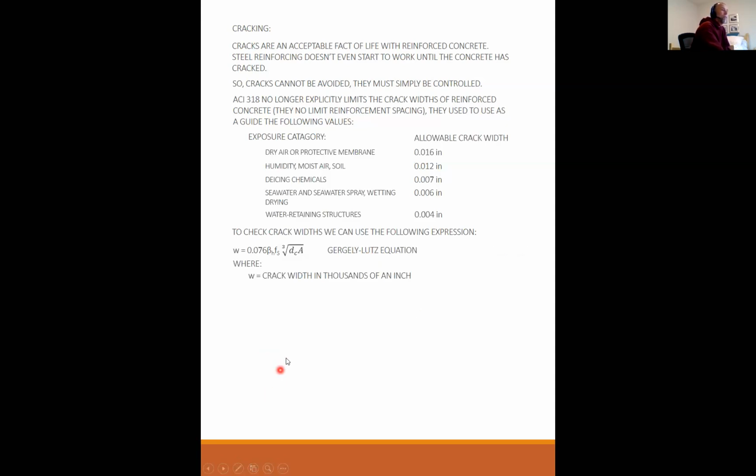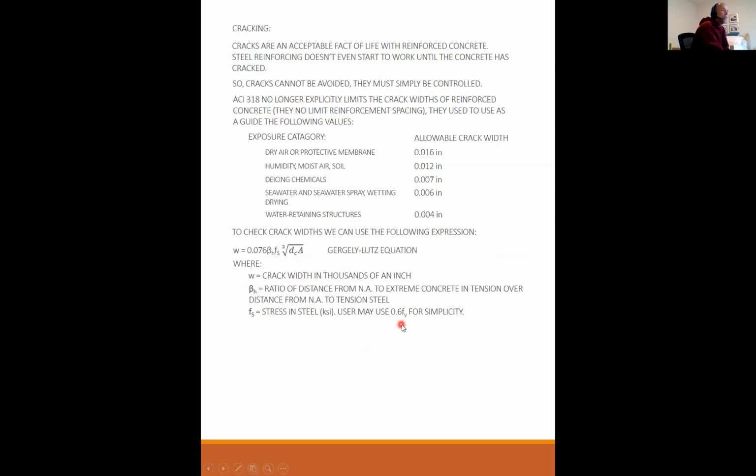Here, w is the crack width in thousandths of an inch. Beta h is the ratio of the distance from the neutral axis to the extreme concrete in tension over the distance from the neutral axis to the tension steel. f sub s is the stress in the steel, in ksi.